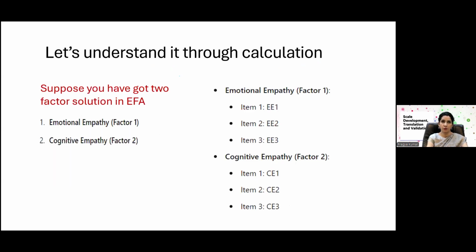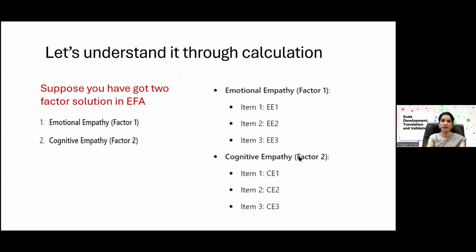We have just shown it with one example. Suppose we have got a 2-factor solution of this empathy construct in EFA, emotional empathy and cognitive empathy. If you take the items of emotional empathy, EE1 represents item 1, EE2 represents item 2, and EE3 represents item 3.